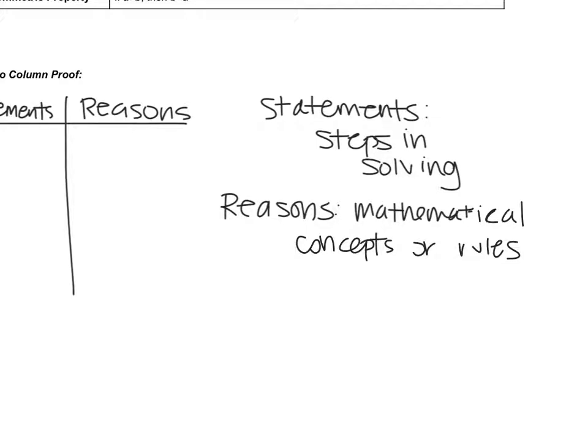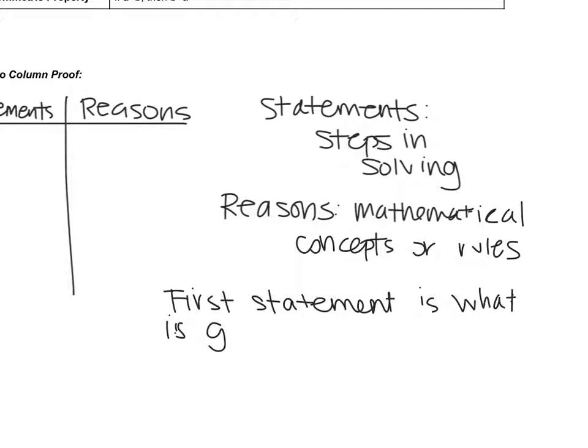Okay. The first statement in a proof is what is given to you. You always have to start somewhere in a proof, and you always start with what you're initially given.